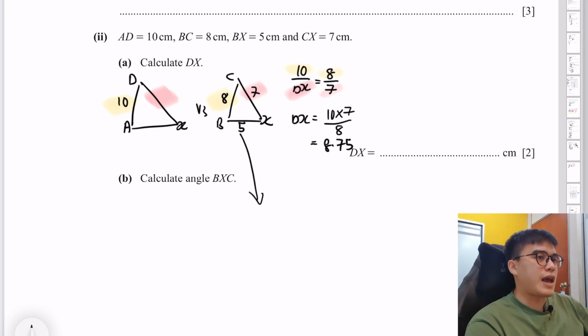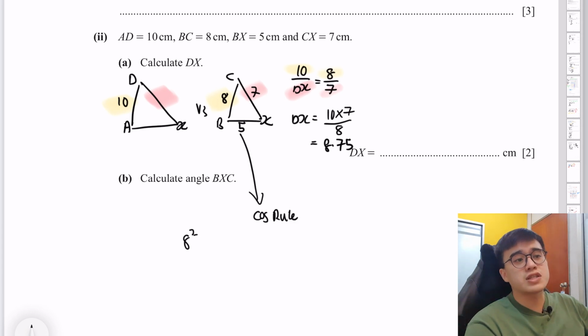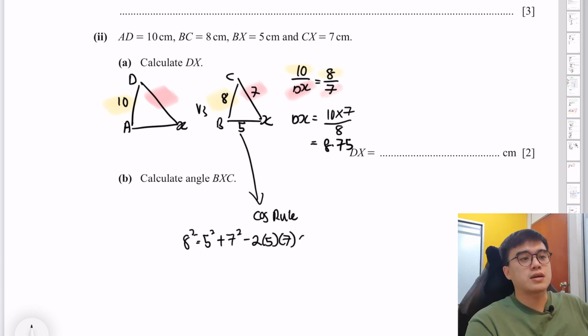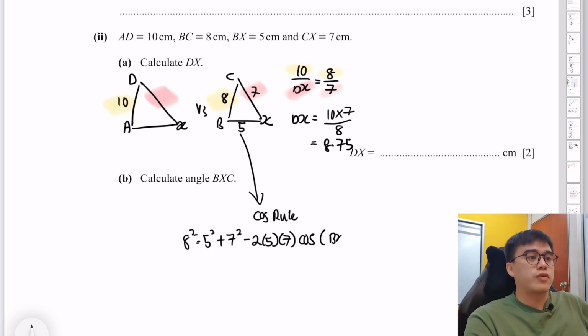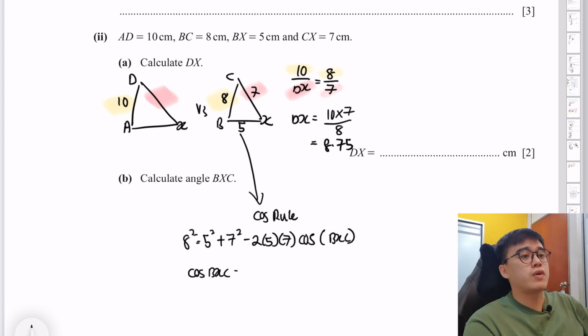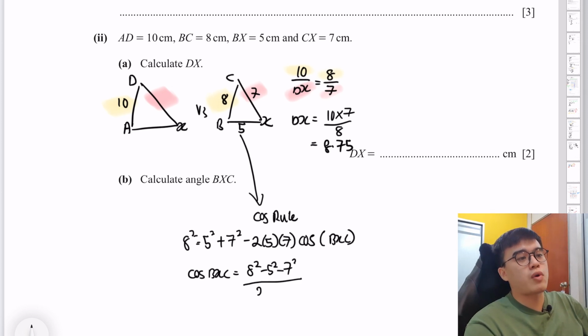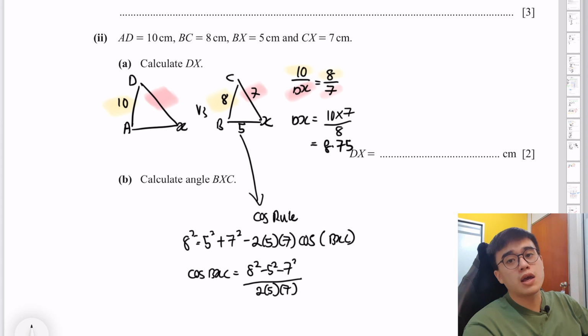Calculate angle BXC. This one we'll be using the cosine rule since all the sides have already been given. Personally, I don't actually memorize the cosine rule formula. I always use the original one and try to rearrange it. If you memorize the formula, you don't have to write the same steps as mine, and you can proceed with cosine BXC equals 8 squared minus 5 squared minus 7 squared, divided by 2 times 5 times 7.